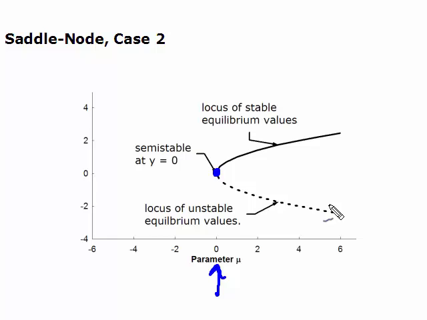Now, other differential equations may show the same pattern, but the parameter may have different values. Perhaps that semi-stable one occurs when the parameter has a value of minus 5. But the basic idea in the saddle node is that you have two equilibrium values that coalesce into one, after which there are no more as the parameter changes.